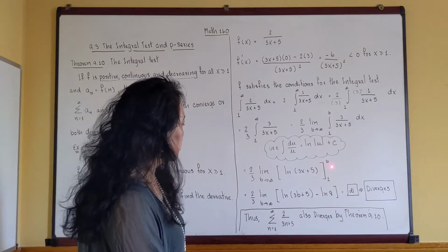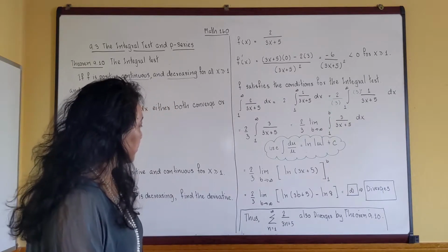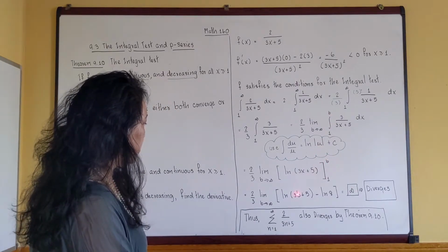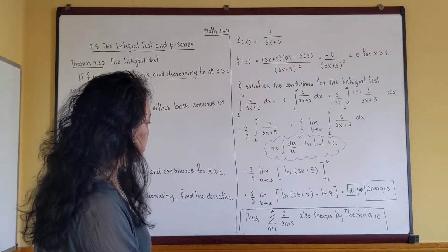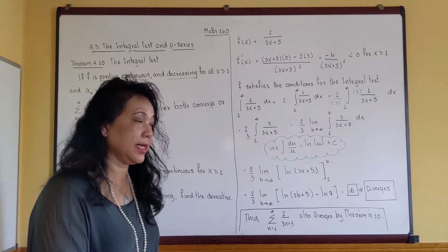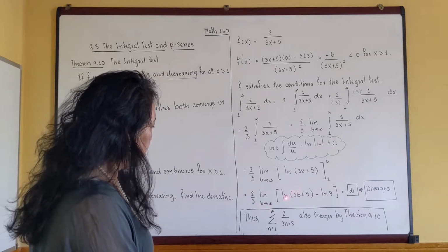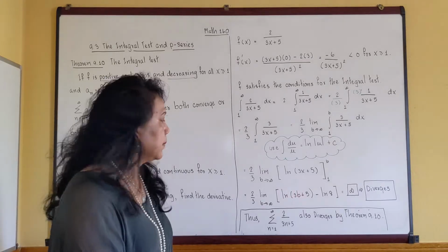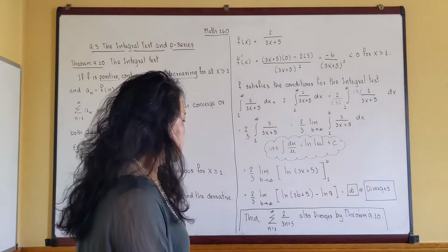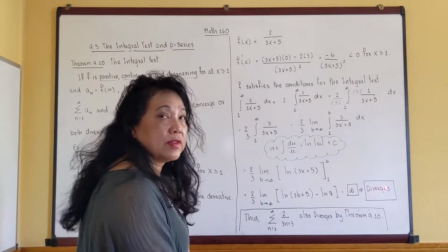The upper bound is b, the lower bound is 1. Now I substitute b for the upper bound and 1 for the lower bound, so it's 3 plus 5, which is 8. Now as you look at the limit as b goes to infinity, this whole thing goes to infinity, minus ln 8, which is some number, so you still end up with infinity, which diverges.